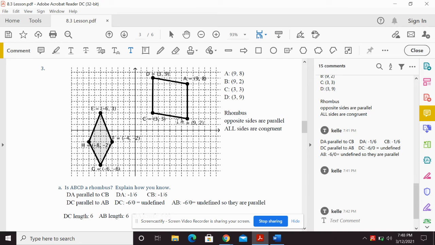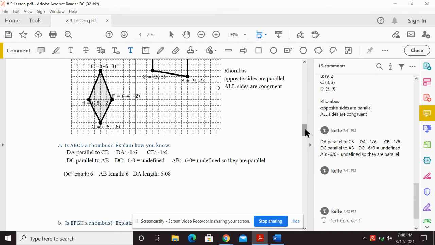So technically, we don't have a rhombus here. Technically not. Sides DA and CB are slightly longer.